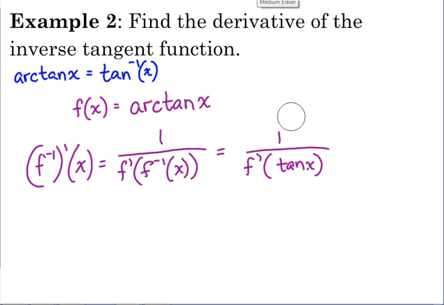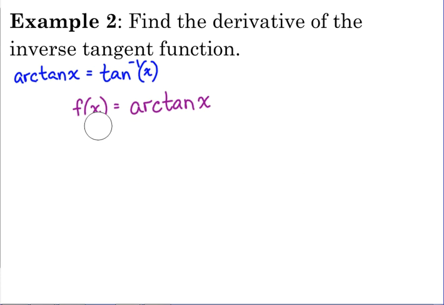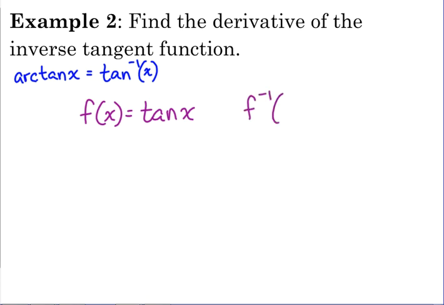Let's just start again. The original function is the tangent of x. The inverse function, what we're trying to find the derivative of, is the arctangent of x. I apologize.